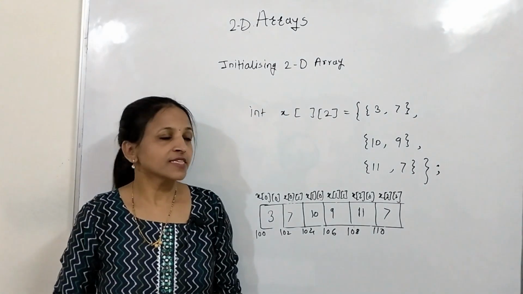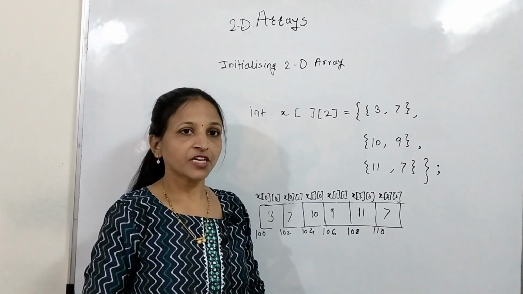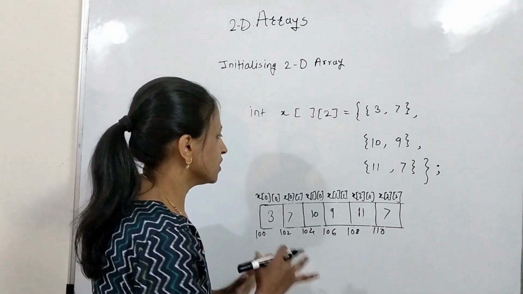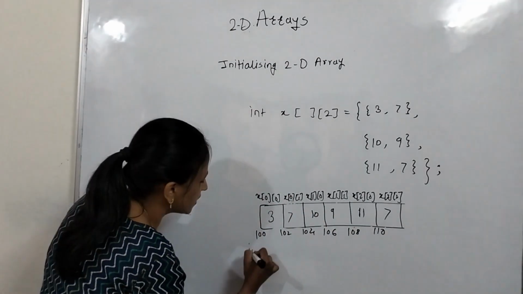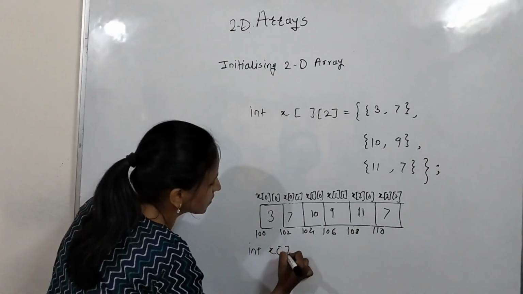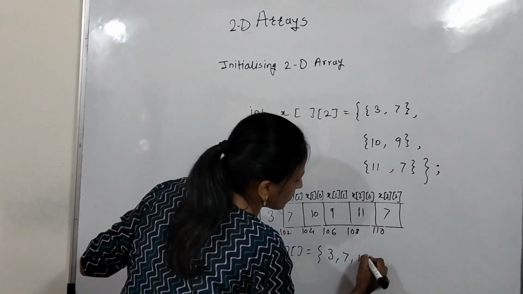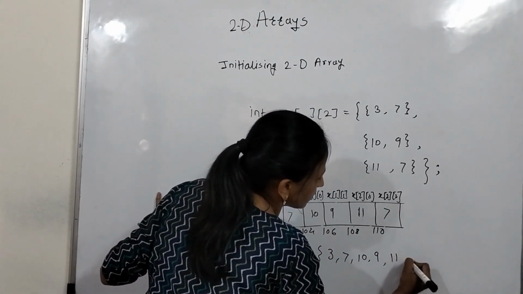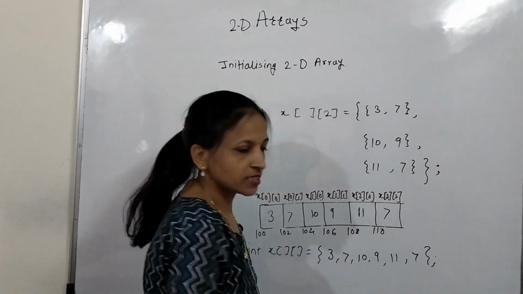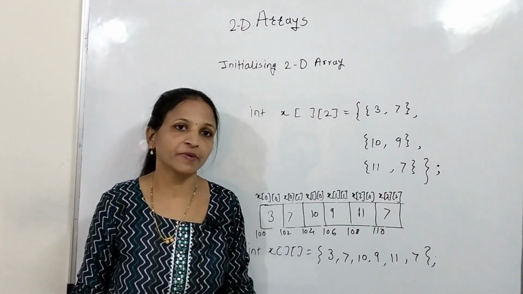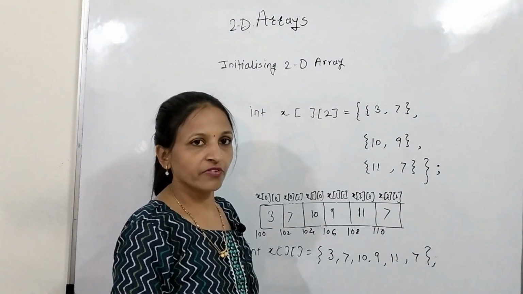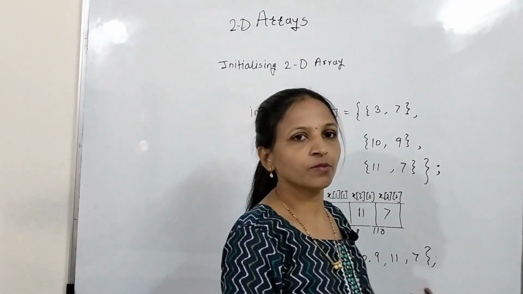Now one more point is there, the same initialization we can do in this way also. See, in this way, we can write int x is equal to 3, 7, 10, 9, 11, 7. That is again okay, that is again fine, no problem will be there. This is also perfect, but here it is not readable.